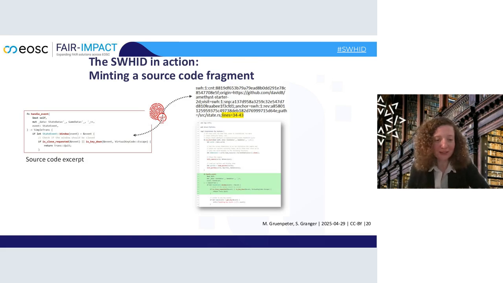Okay, so next slide. The SWHID in action, minting a source code fragment. This is a different type of SWHID because we're going into a file, and in the file we are picking lines. So this is to identify an algorithm. This can be very useful for programming courses at the university.